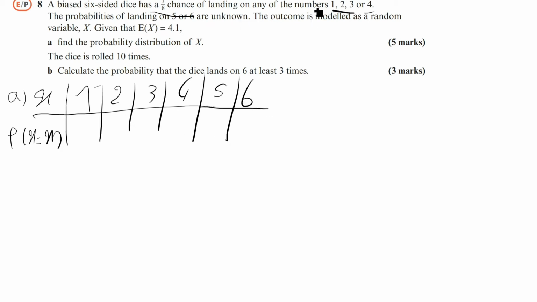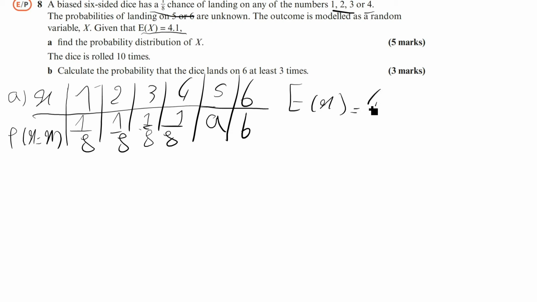The probabilities are 1/8 for 1 to 4, and the probabilities of landing on 5 or 6 are unknown, so we just write 1/8 and A and B. We have the expected value of x, which is equal to 4.1, and the question is asking for the probability distribution of x.